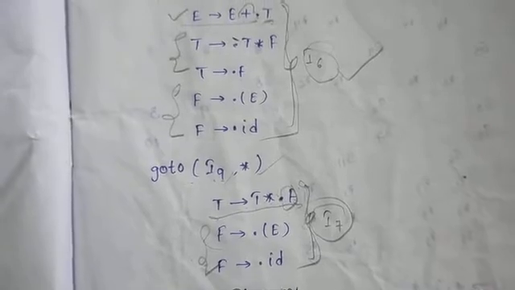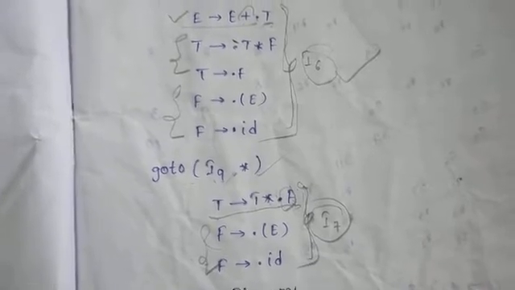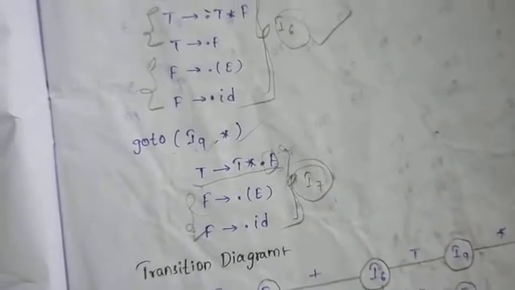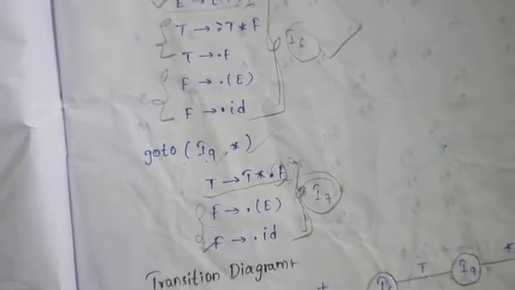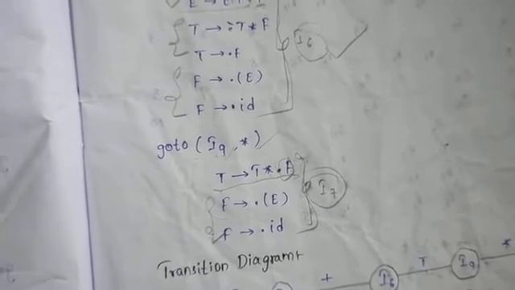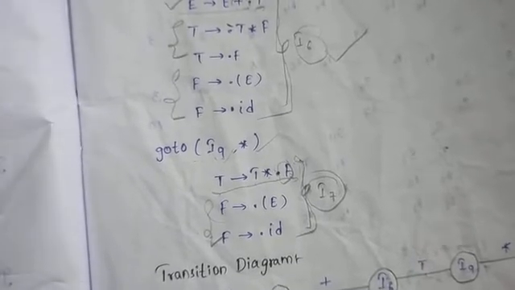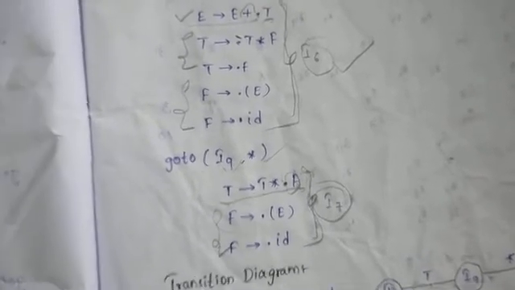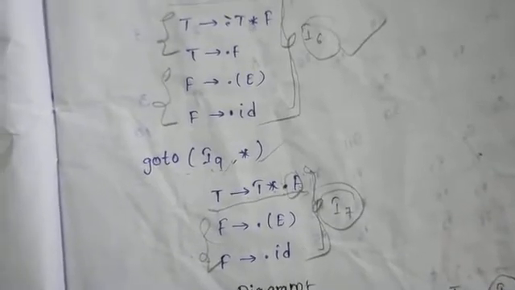So now we complete all the things until the dot is moving to the end of the production, or there is no possibility of creating new states. All states will be completed up to now. Why? Because I0, I1, I2, I3, I4, I5, I6, I7, I8, I9 we are doing the same process.